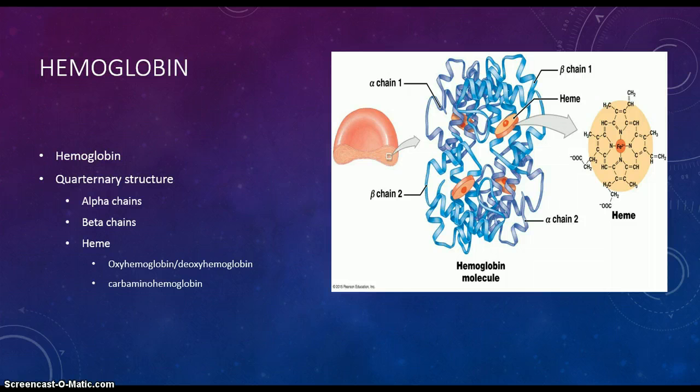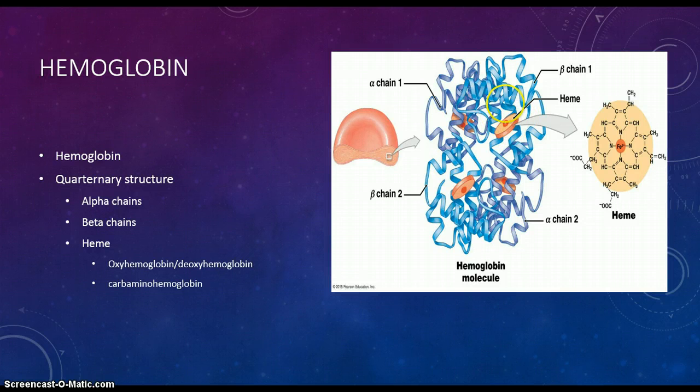Focusing on the hemoglobin, this is a protein molecule. It is a quaternary structure, meaning that it has several protein chains bonded together. 2 of these chains are alpha chains, and the other 2 are beta chains. At the center of these chains is a heme unit.